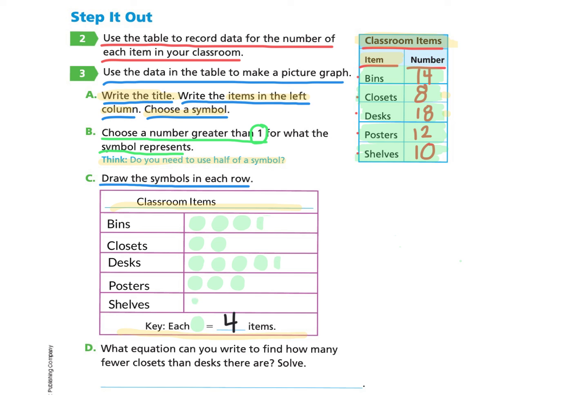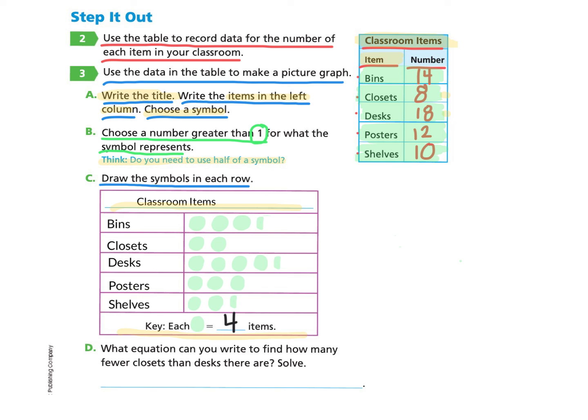So we would start by drawing 4, 8, and we know that the next one would bring us to 12, so we have to stop there. And now we need to see how many more to get to 10. So we have 8, 9, 10, that's 2. So we're going to need to draw half the symbol to represent 2, which now shows us that shelves has a total of 10 items. Okay, we have completed our pictograph.